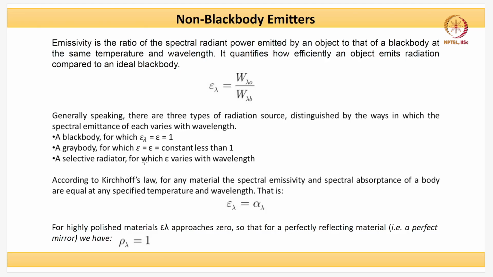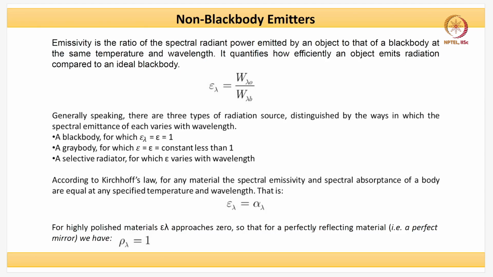According to Kirchhoff's law, for any material, the spectral emissivity and the spectral absorptance are equal at any specified temperature and wavelength, which means that emissivity epsilon lambda is equal to alpha lambda. For highly polished material, this approaches 0.